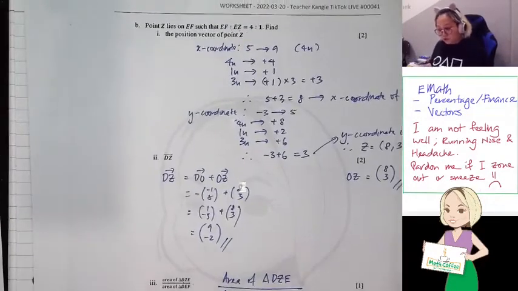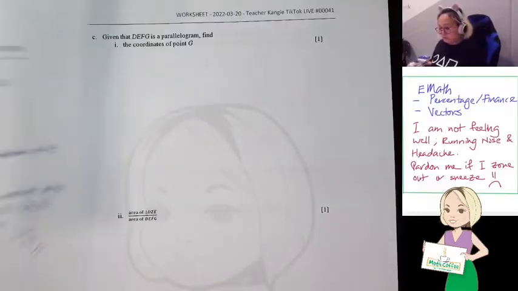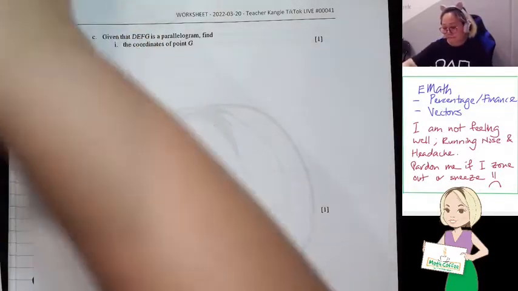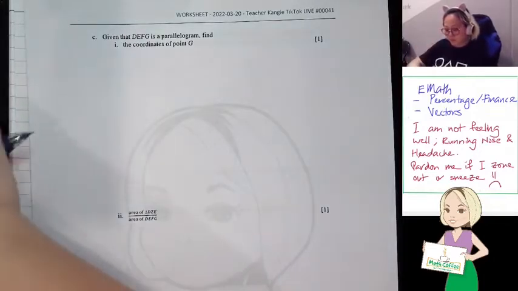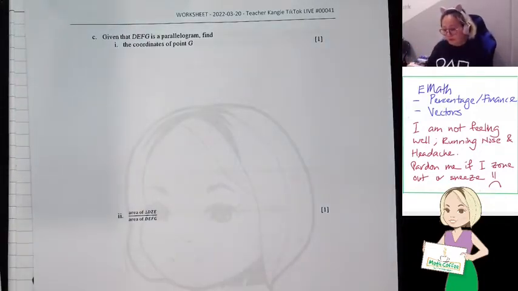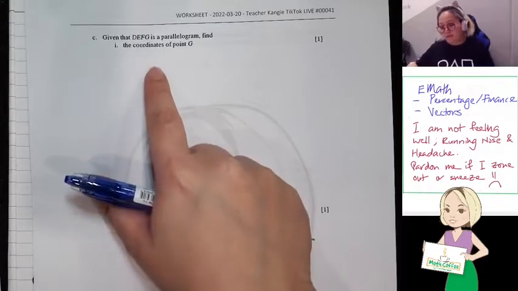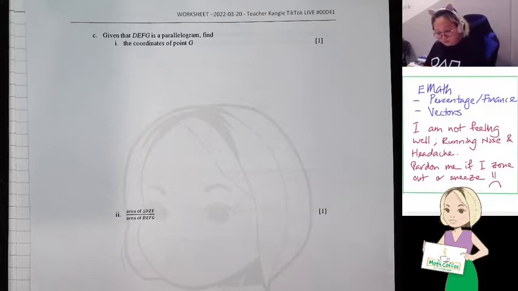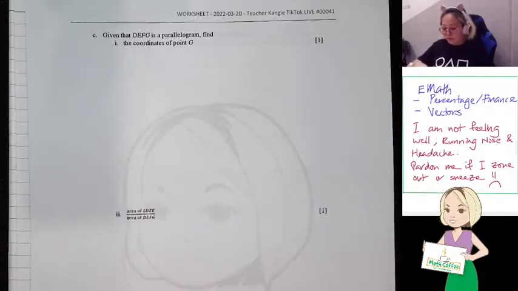Okay, let's move on to the next one. Next is, they say, given that DEFG is a parallelogram, find the coordinate of point G. So I'm going to tell you, this is how you do it.